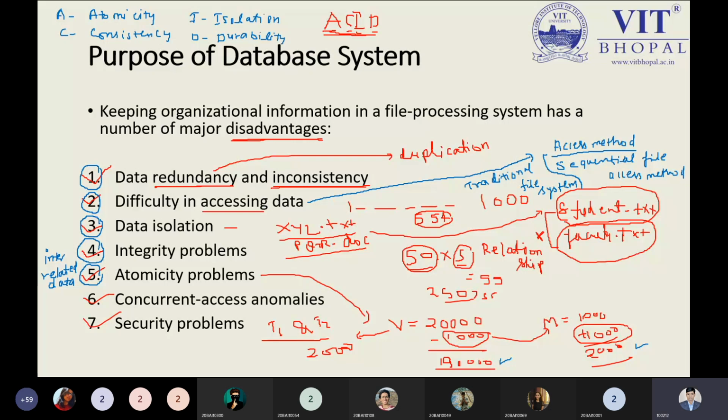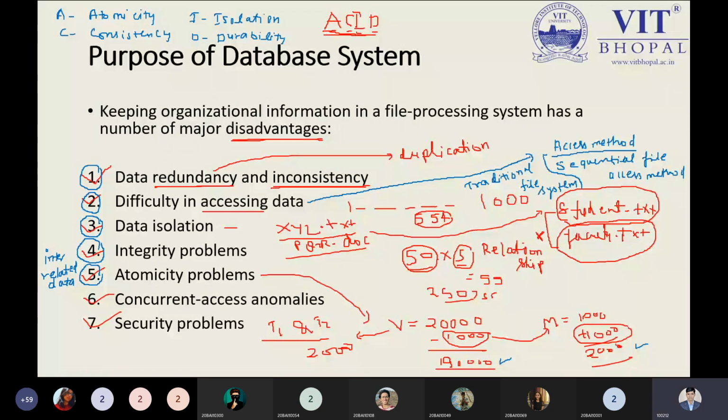These are the four properties, or four pillars, of a database management system. If our database system does not support these properties, it means we do not have a good database. So the atomicity problem is coming from this example, and in a later part we will see more.